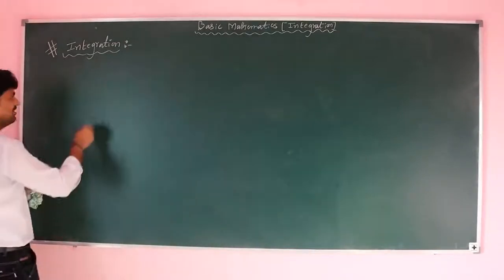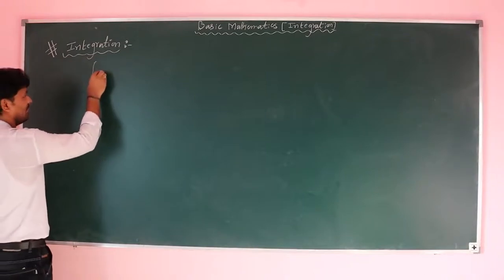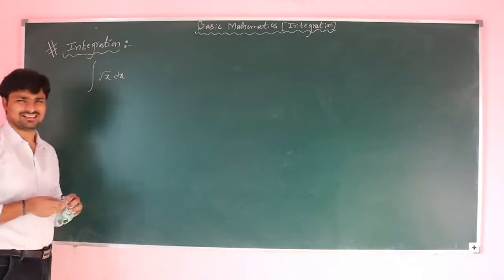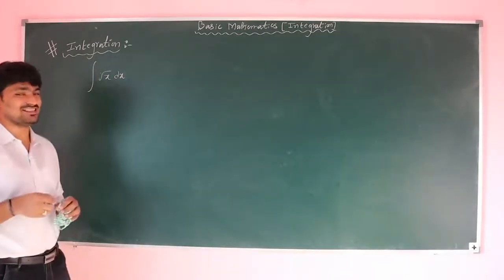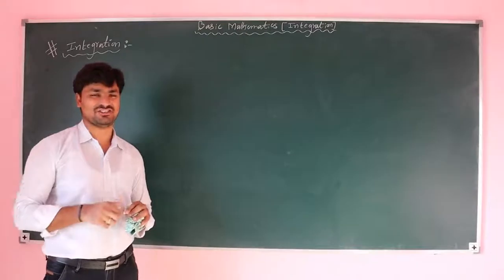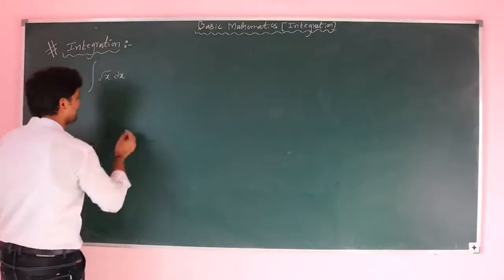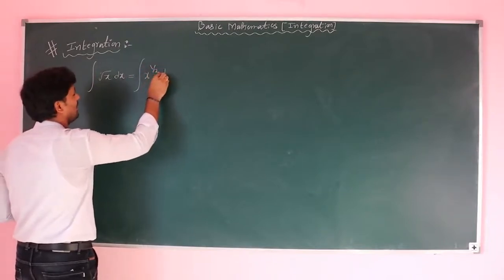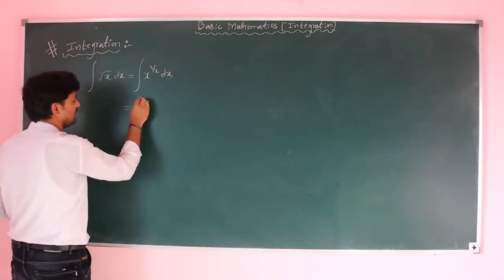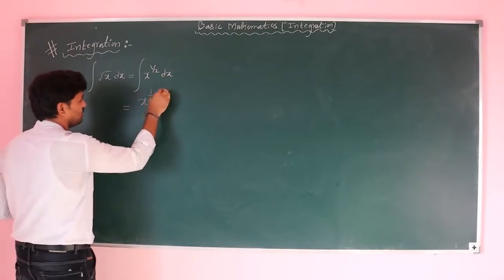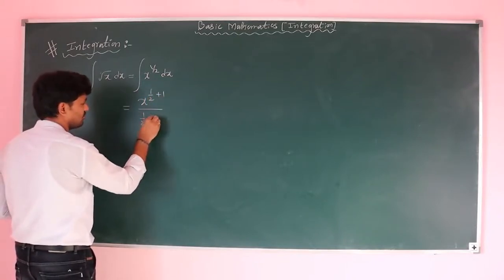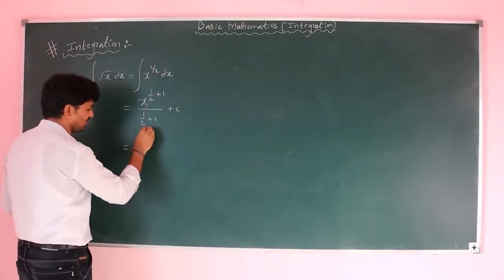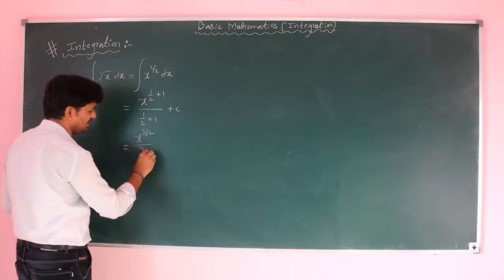Let's see here. Integral of root x dx. Now what we are discussing are all indefinite integrations. So root x means we can write integral x to the power of 1 by 2 dx. 1 by 2 plus 1 is 3 by 2, so x to the power of 3 by 2 divided by 3 by 2.